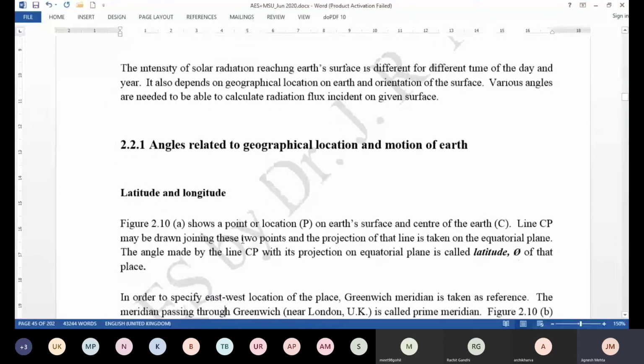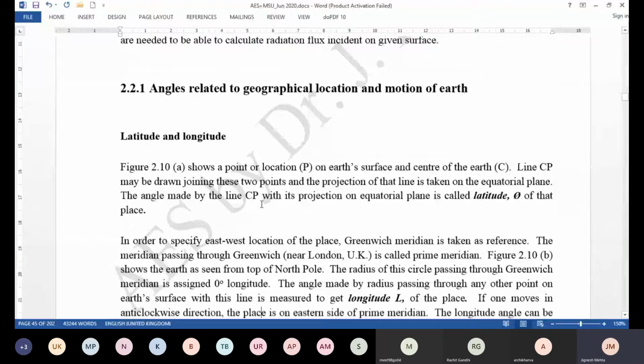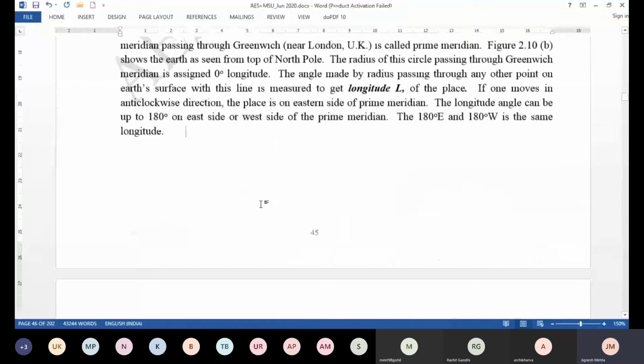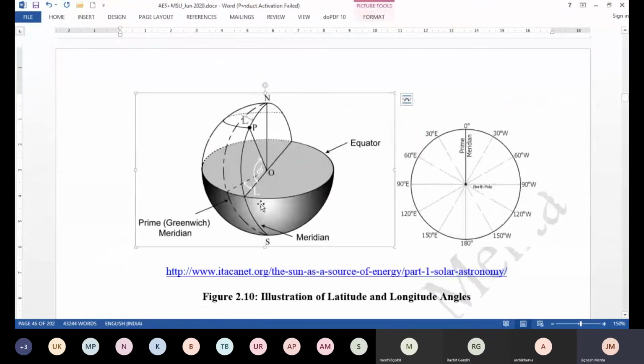But it is still very important to understand those concepts because they show the location on the surface of the earth, which affects the angle at which the sun rays strike a particular point on the surface of earth, and also the length of the day as well as the intensity of the solar radiation etc also depend upon that.